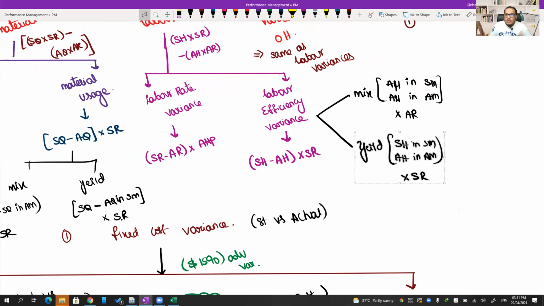If the labor were actually taken in the standard mix basis, what should have been the number of hours versus the actual hours that they spent? If I had mixed in the standard mix, how much it should have been versus the actuals.